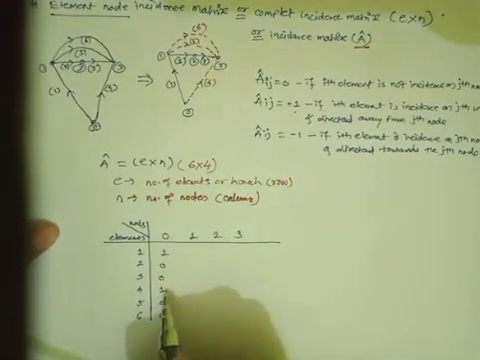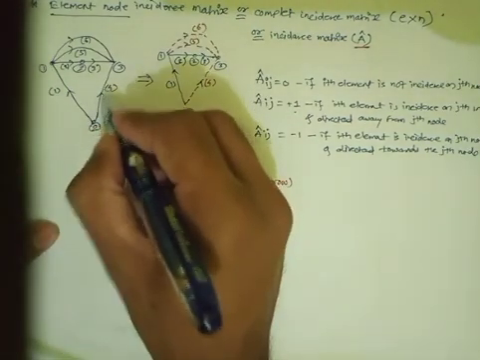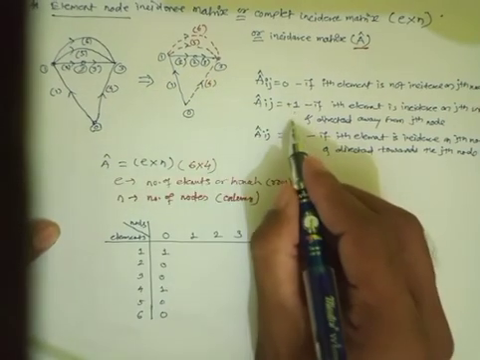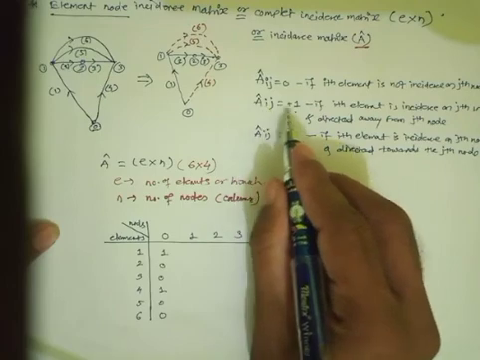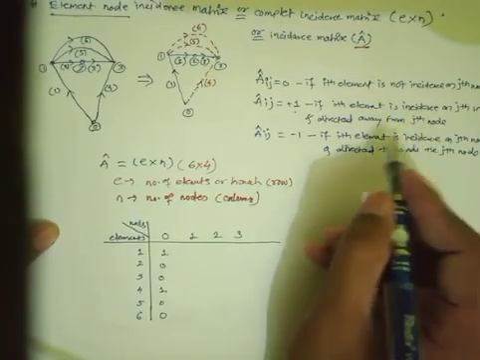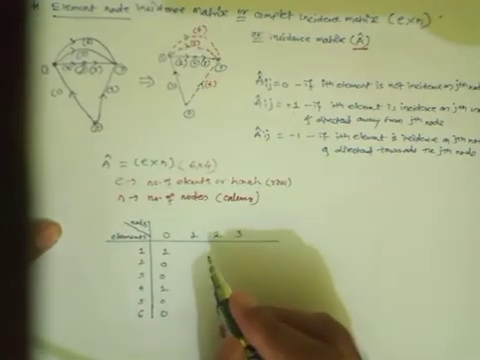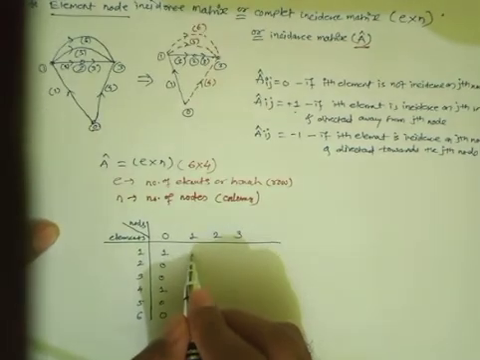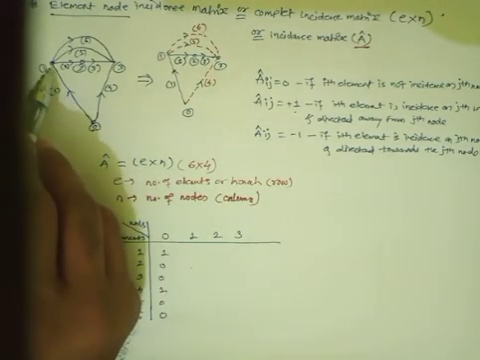If it is towards this node, it will be minus, as we discussed in the terminology: a_ij is equal to plus 1 if the ith element is incident on the jth node and is directed away from the node. Similarly for the second column, that is node number 1, which branches are associated with this node?